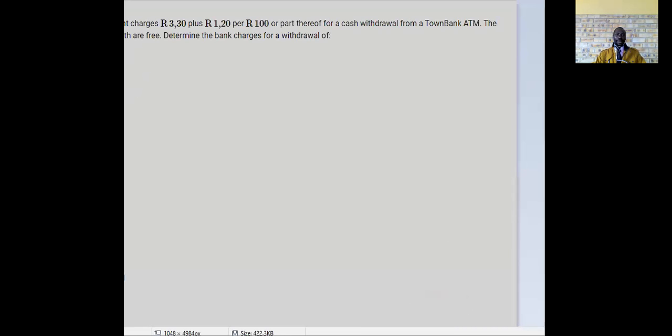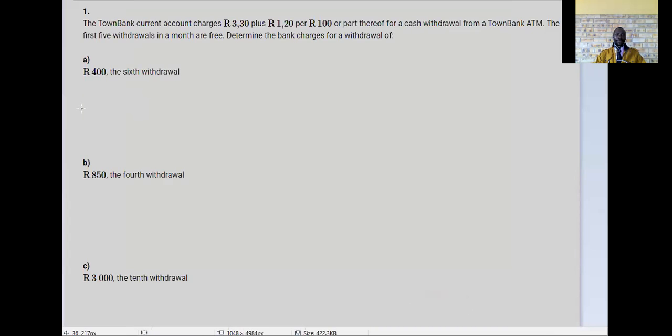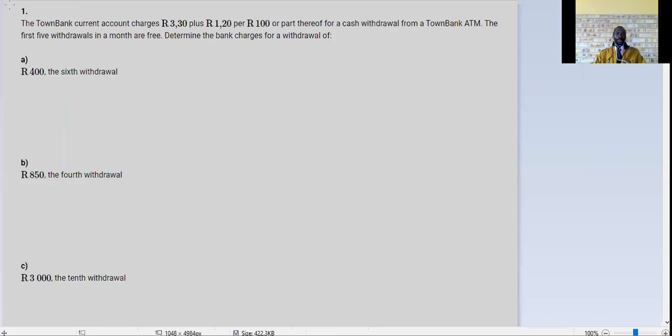So here is an example that we have. Now, in this example, the bank in question is called the Town Bank.